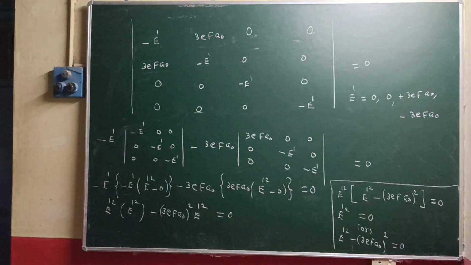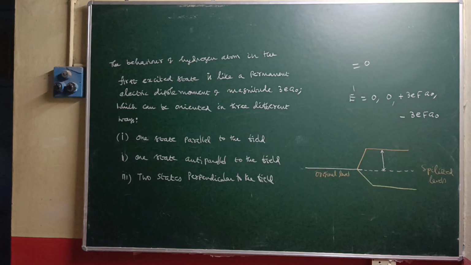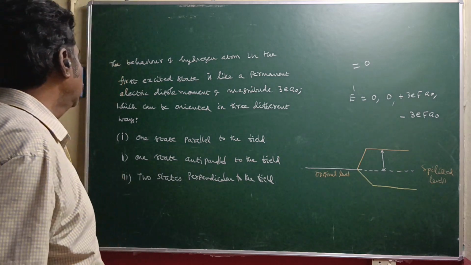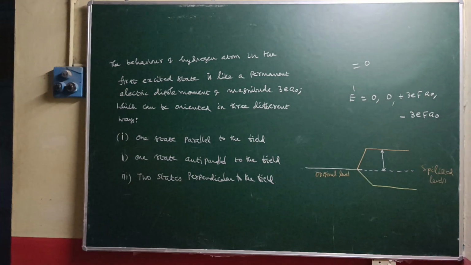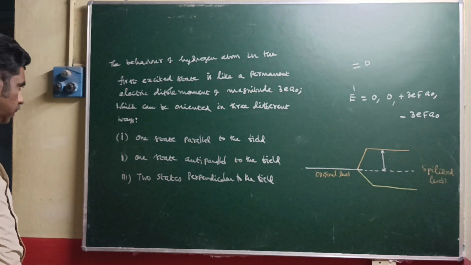Now we have to provide the interpretation for these 4 possible values, an explanation for the 4 roots. The behavior of the hydrogen atom in the first excited state, that is the n equal to 2 state, is like a permanent electric dipole moment of magnitude 3a0, which can be oriented in 3 different ways.